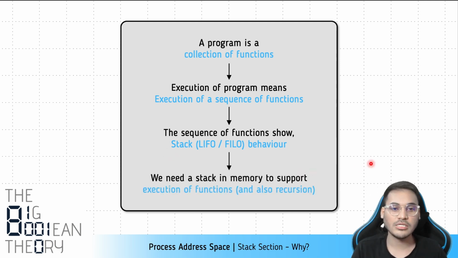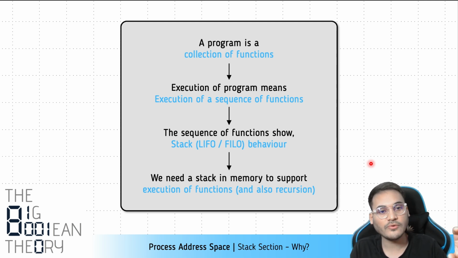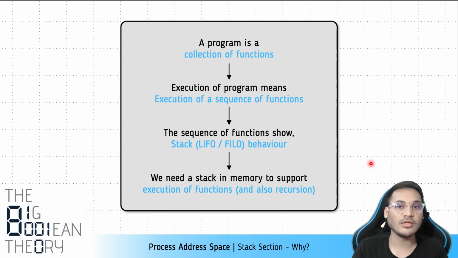Finally, the last consequence is that we need a stack in memory to support execution of functions, and especially recursion. When the program is executing, we have to execute all of these functions, and in order to replicate this behavior, we have to maintain a stack in the memory. That stack section in the memory is dedicated to the execution of functions.